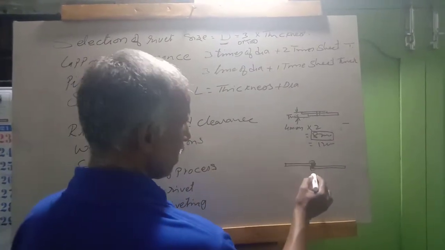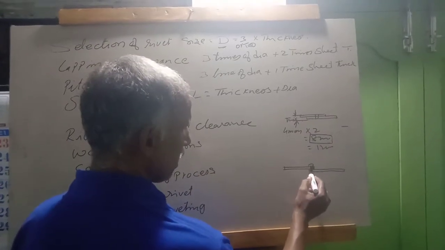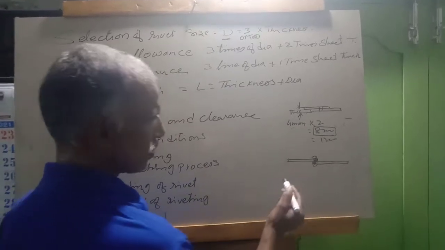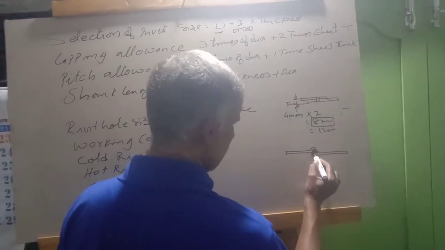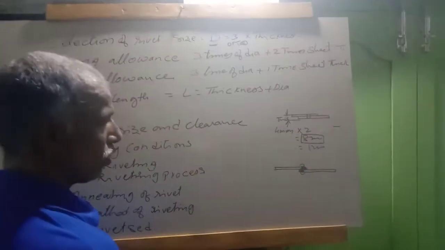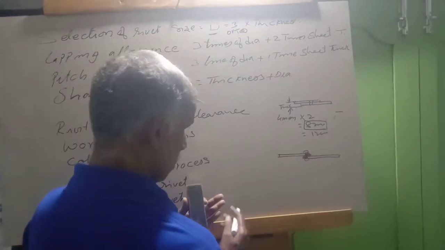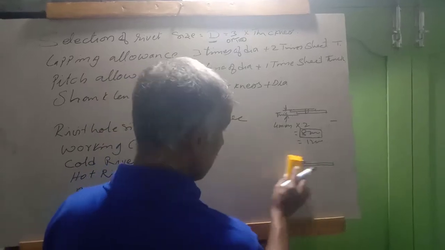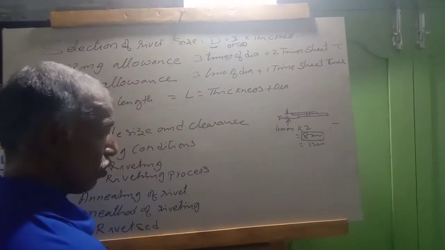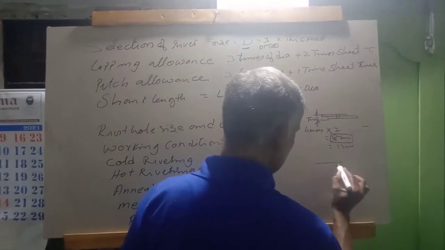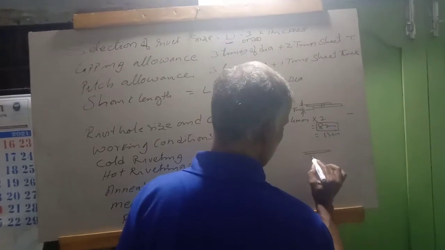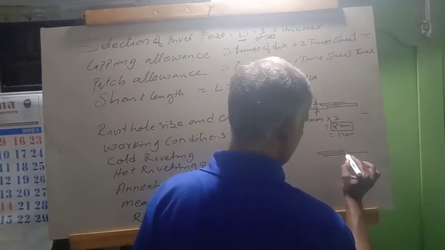When you rivet, this will crack or break, and sometimes liquid or gases will come through. So we have to select how much the sheet has to be overlapped, and we overlap the sheet in this way.